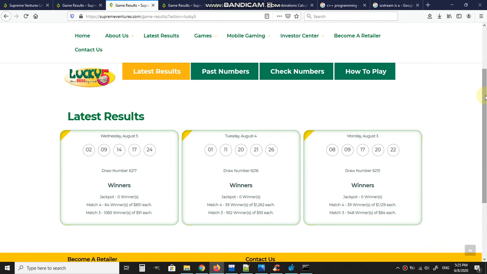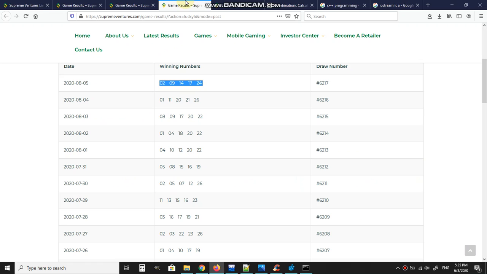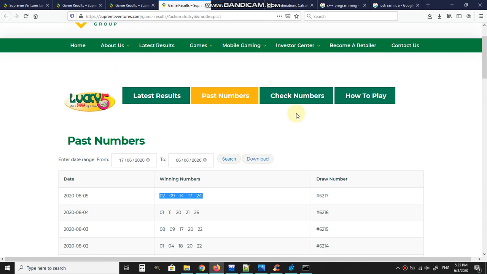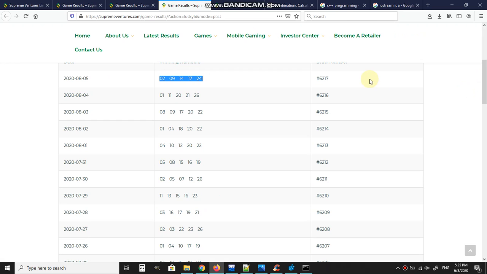And their website is pretty user friendly. It actually shows you the winning numbers for previous days, whether the jackpot was won, how many persons won the secondary prizes, and they also provide beautiful historical data, which is vital for what we would like to do. This goes back for years, decades even, with all the draws.